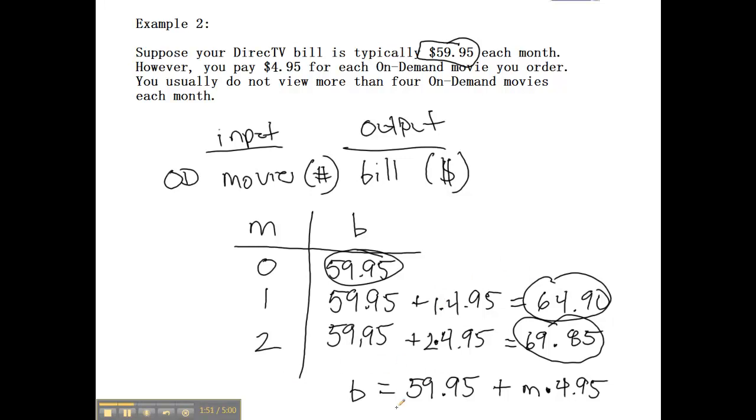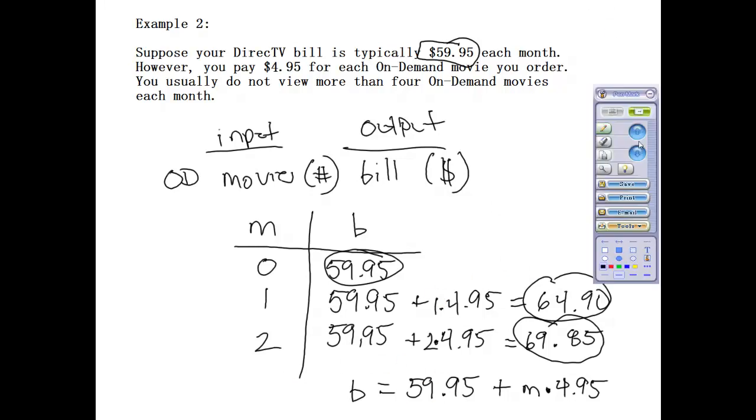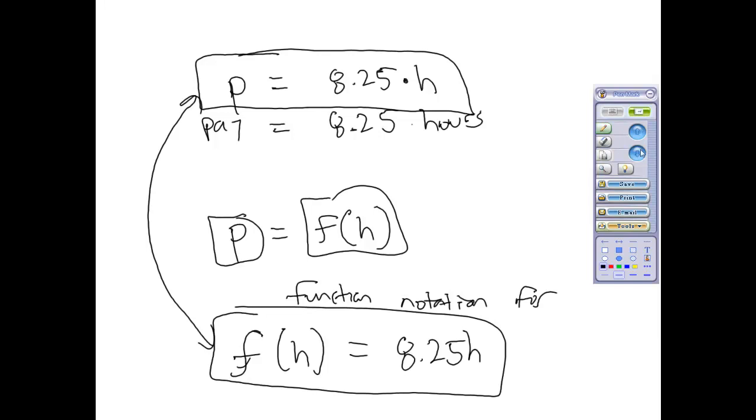So I can actually rearrange this a little bit because of what we know from our math experience. If I add 2 things together, 5 plus 4 and 4 plus 5, those are exactly the same thing. So I can move the $59.95 to the end, and I can move the m times $4.95 to the front.